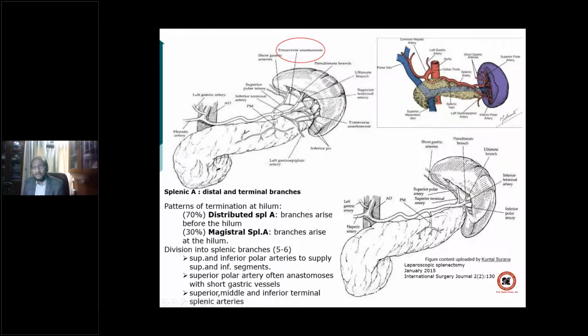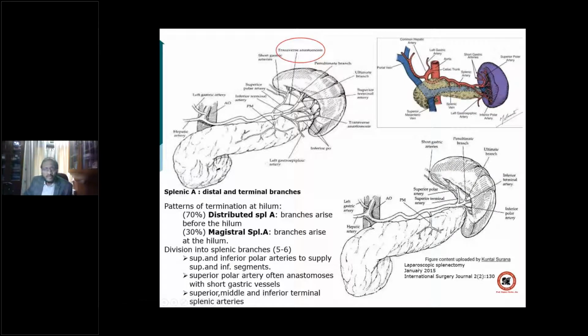The applied importance is very obvious. And what is the applied importance? When you're doing a splenectomy, you have to be very, very careful if you have a splenic artery with a distributed pattern, as opposed to when you have a splenic artery in a magistral fashion. Why? Because here, just ligating here would suffice. You're just ligating one terminal branch.